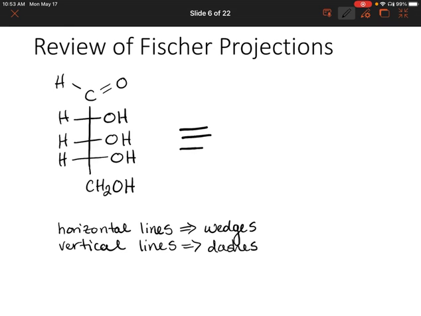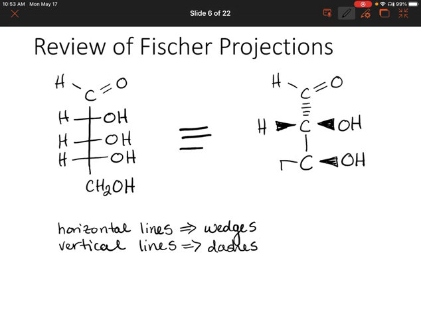So if we redraw this, we can draw a dash for the carbon at the top going to the next carbon, and then we can draw the OH and the H as wedges, so we've got a little bow tie there. I'm going to keep the next bond as just a regular bond, and then we'll just keep going down the chain. And then at the very bottom, we'll draw a wedge to the last carbon.